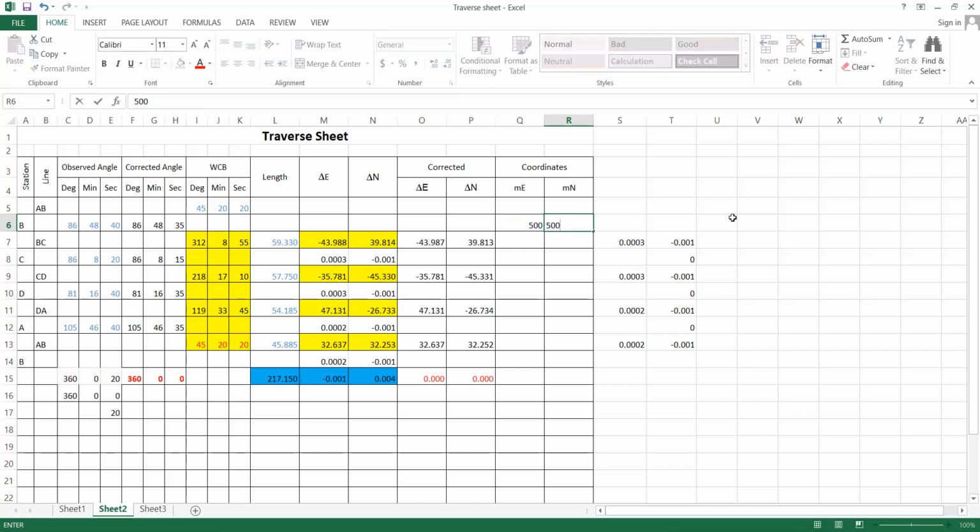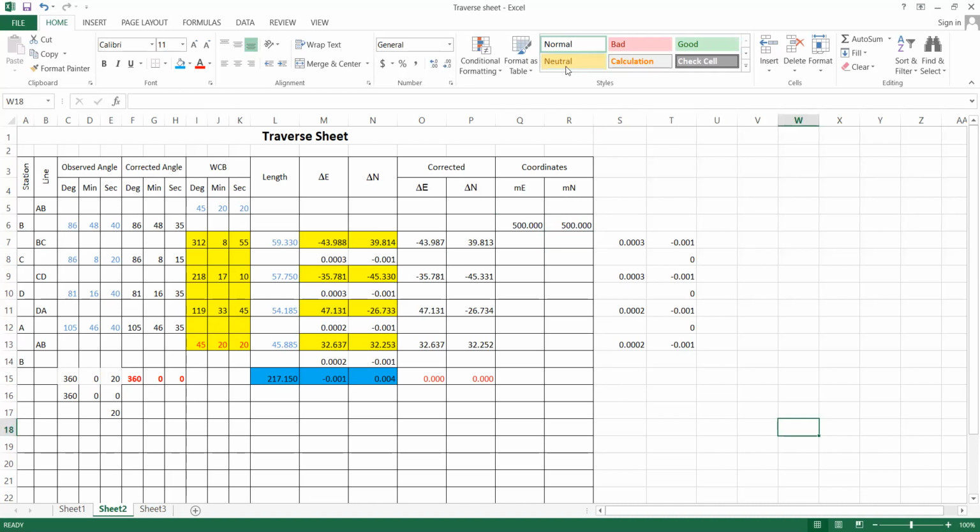If you wish, you can use any other number also. Right? I use 500, up to 1 millimeter accuracy. You can use any, right?